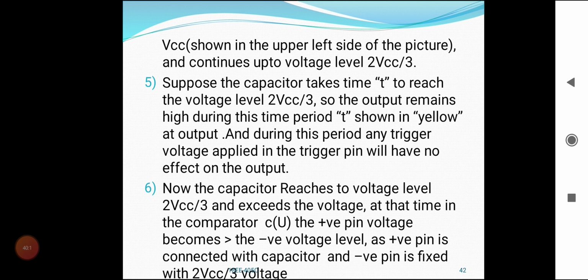Now the capacitor reaches and exceeds the voltage level 2 by 3rd VCC at the comparator CU. The positive pin voltage becomes greater than the negative voltage level, as the positive pin is connected with the capacitor and the negative pin is fixed at 2 by 3rd VCC voltage.